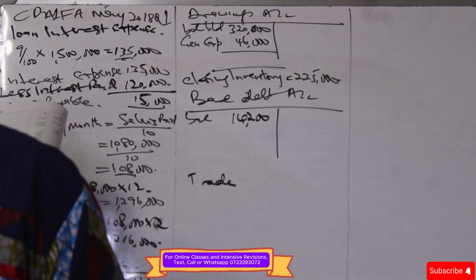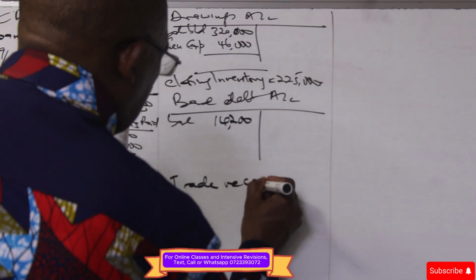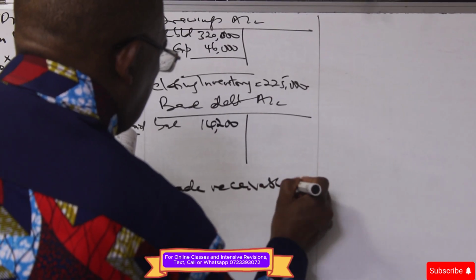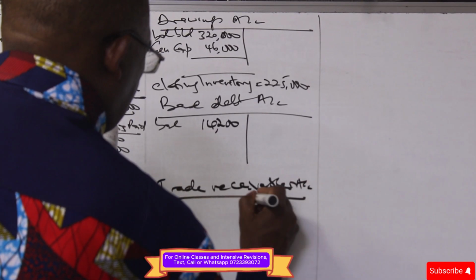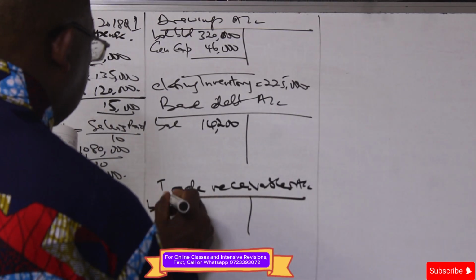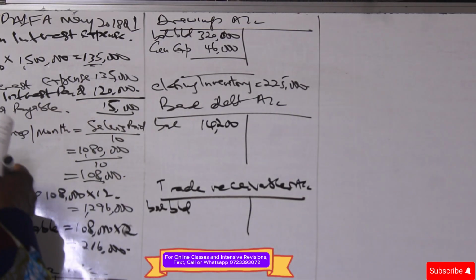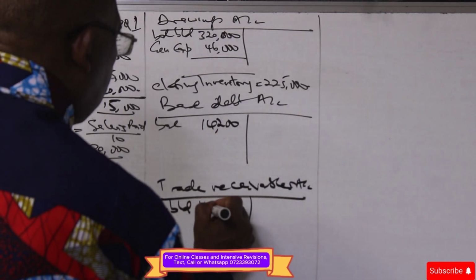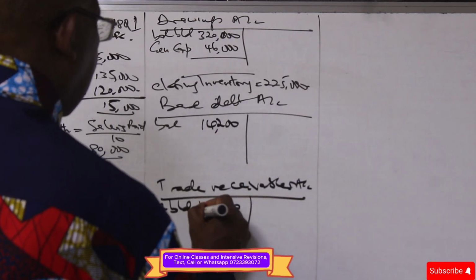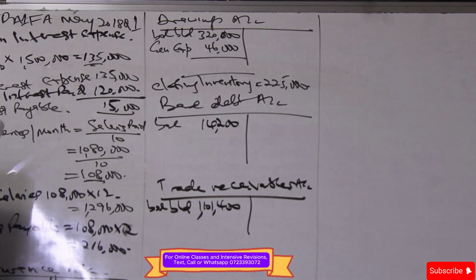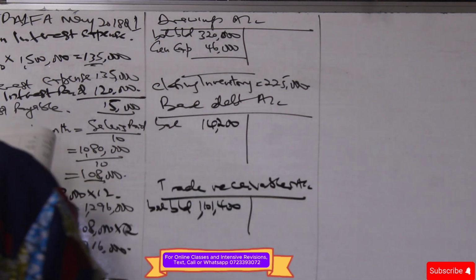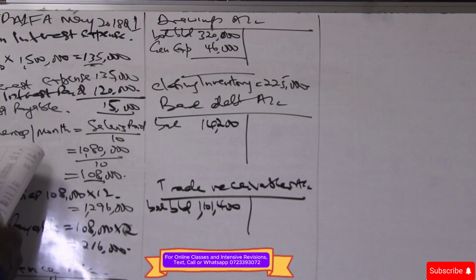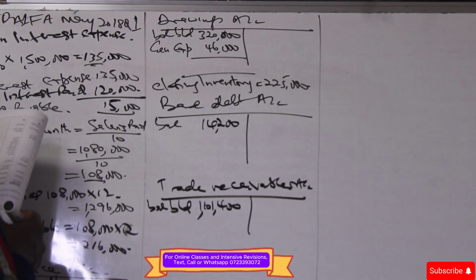Our trade receivables account: the balance brought down from the trial balance is 11,01,400. And we are told additional information number 5, 5,400.